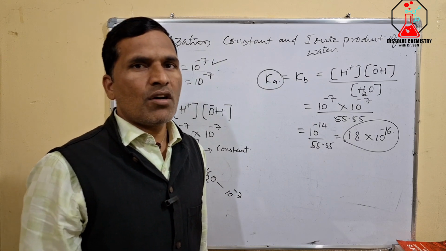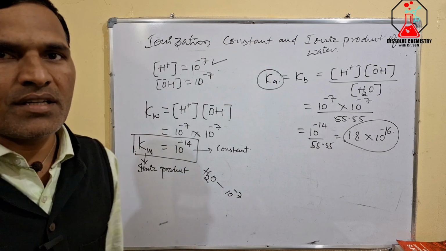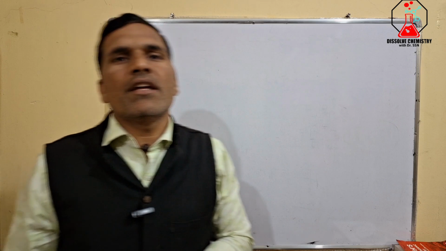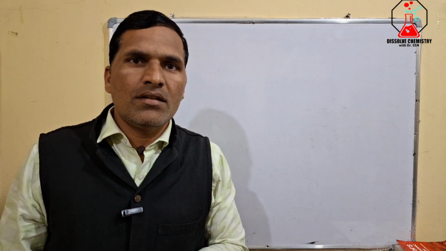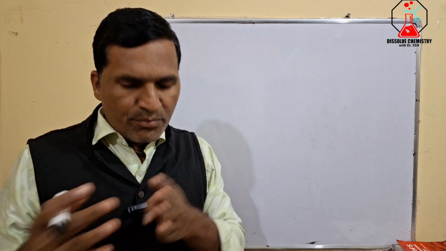Next we will talk about the pH scale. So what it means, that we will see. The hydrogen ion concentration, we are going to measure in terms of the pH scale.